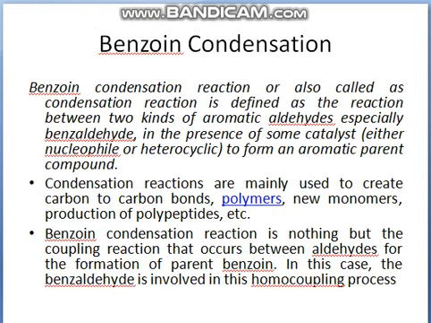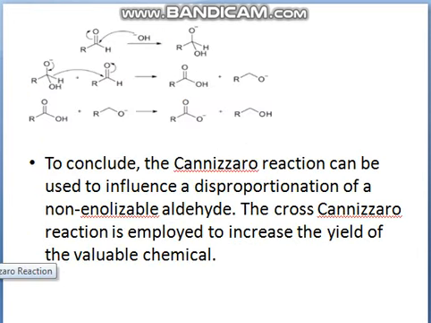A sacrificial aldehyde is combined with a more valuable chemical, and formaldehyde is used as a reductant, oxidizing into sodium formate. The required alcohol is obtained from the reduction of the other aldehyde chemical.